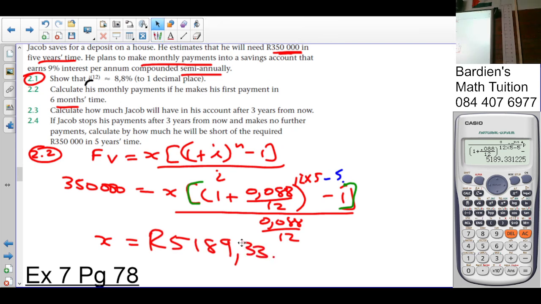Again, there's a delay of 6 months. Okay? This is an investment. Remember when we did a loan, the loan actually draws an interest, not so, before we actually start paying off. However, this is an investment.